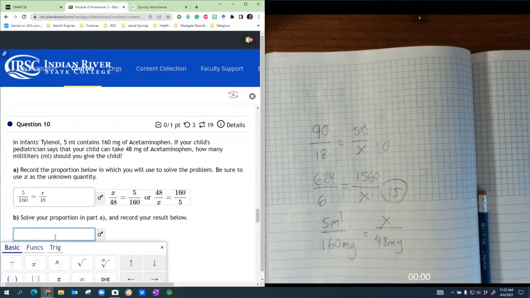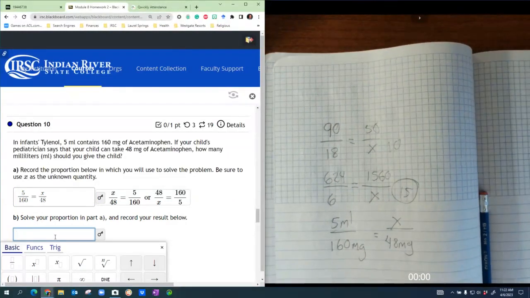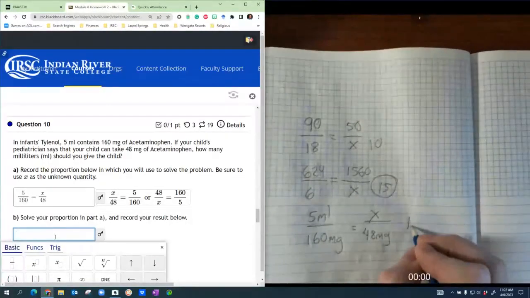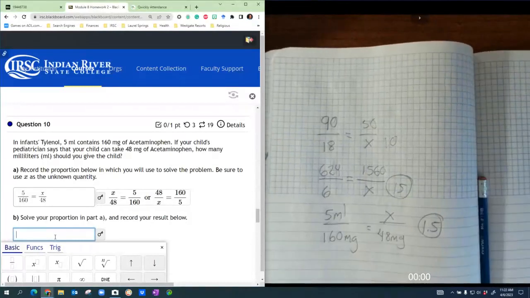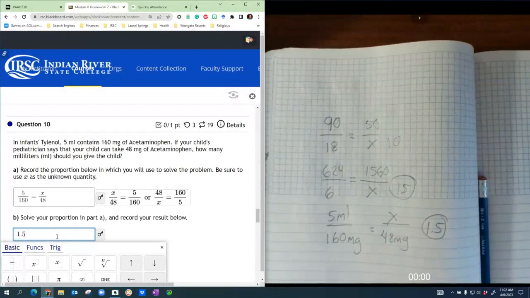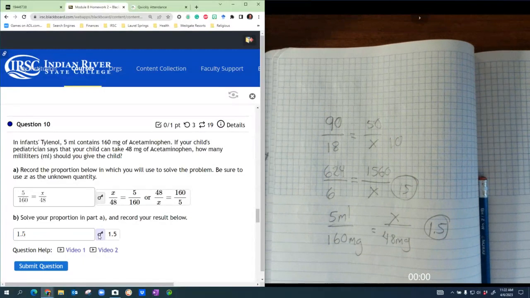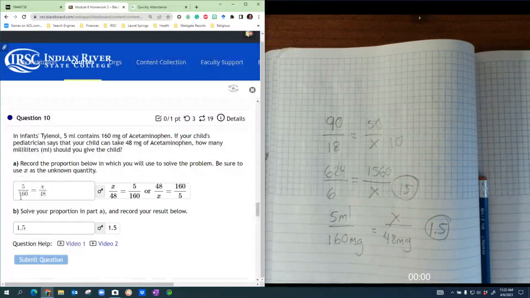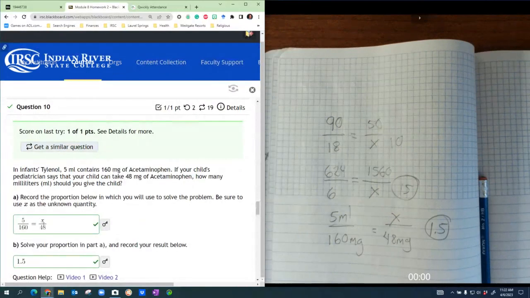And then, of course, I would use my calculator. Do 50 times 48 divided by 160. Now it gives me 15. Of course, that's the right answer. I'm submitting next questions because I want to prove to you that you have multiple ways of writing this in there.